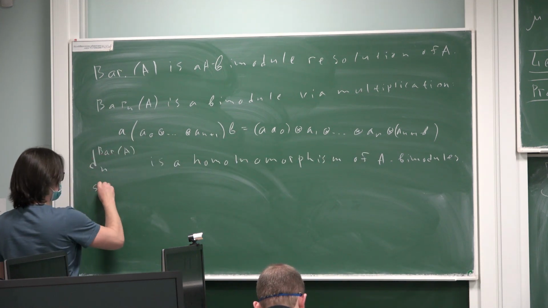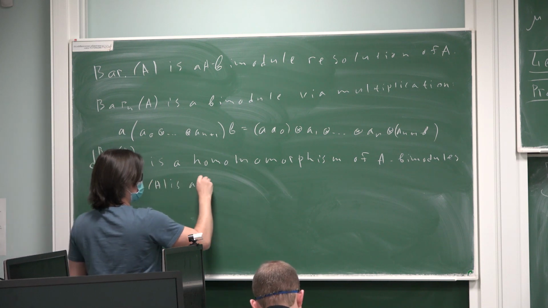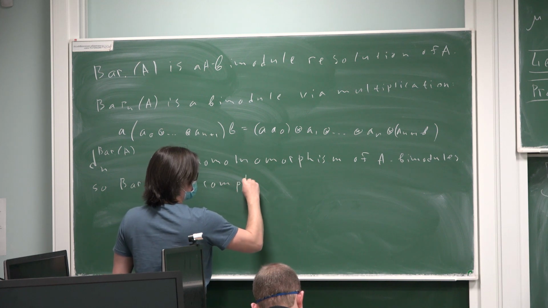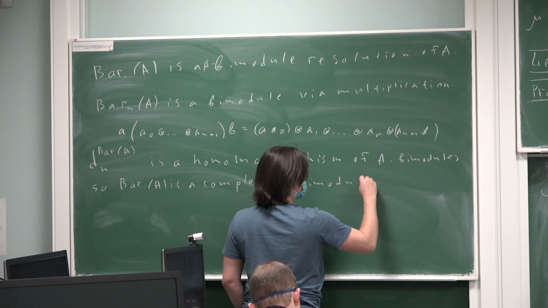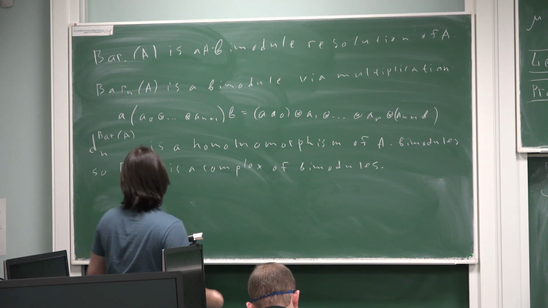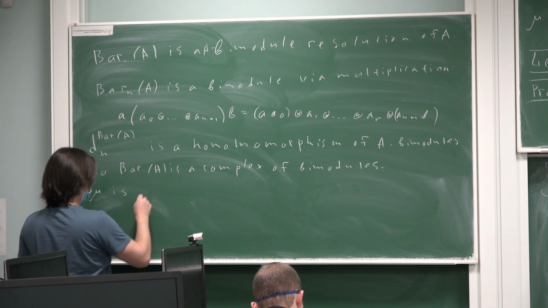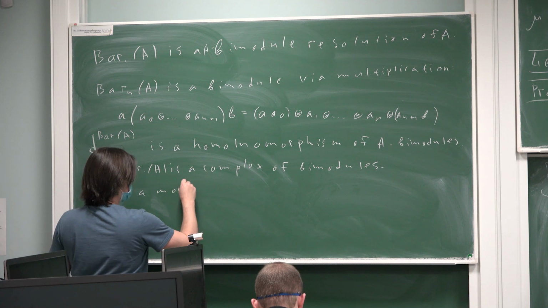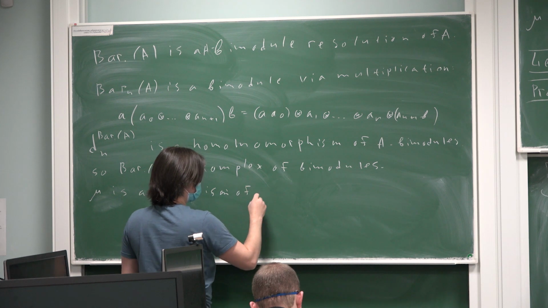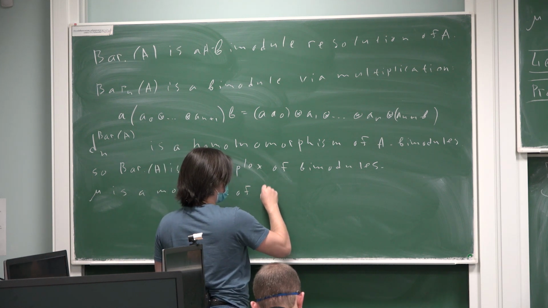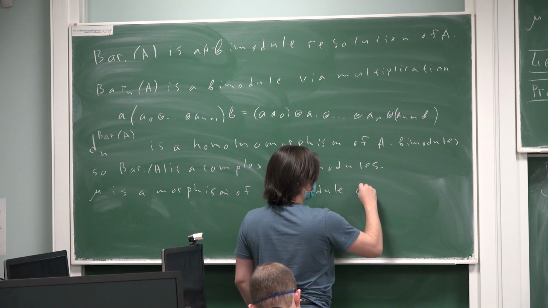So bar of A is a complex of bimodules, and mu is a morphism of A bimodule complexes.